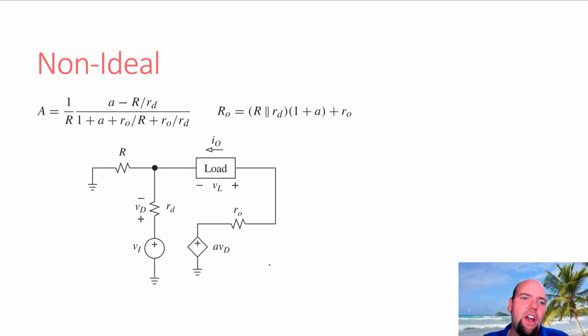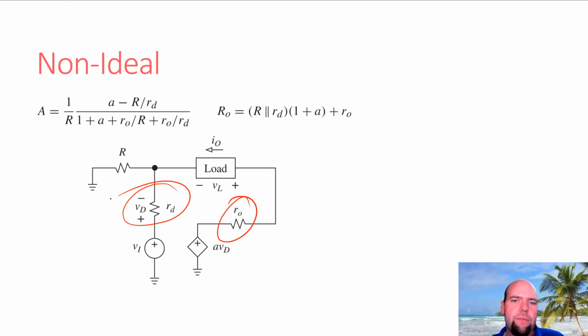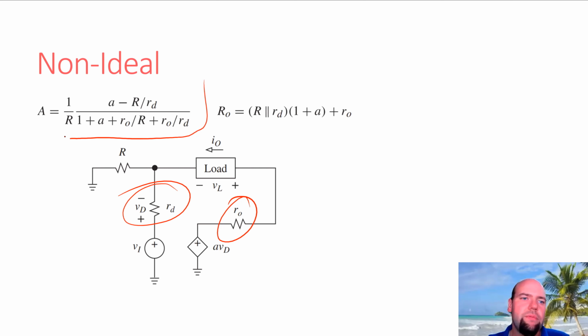Let's look at the non-ideal effects of this, taking into account output resistance and the input differential resistance. Slightly different picture here, right? Our ideal is attenuated by this.